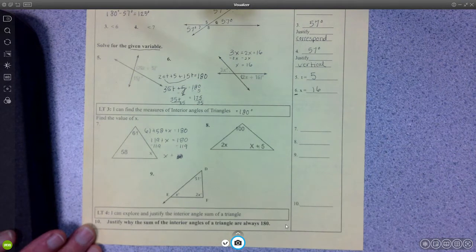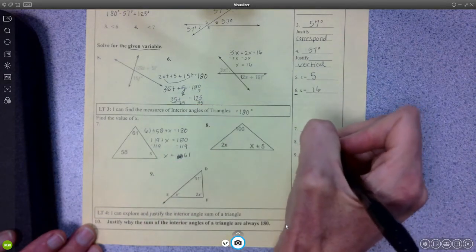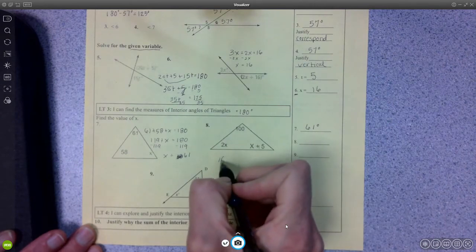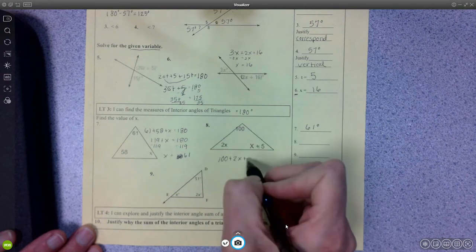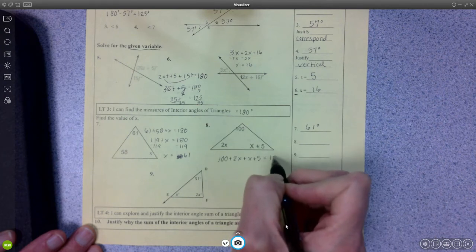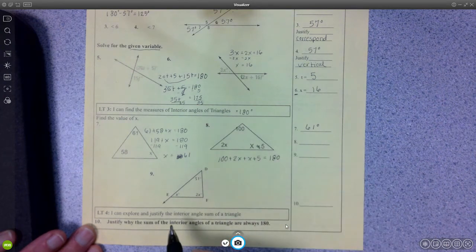So 180 minus 119, 61 degrees. That's that first one. And this one gets a little more complicated with the equation we set up. Sorry, that was a mistake there. That shouldn't have been there.